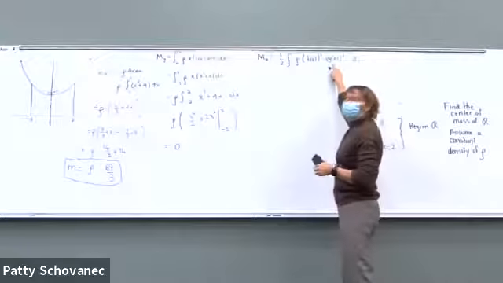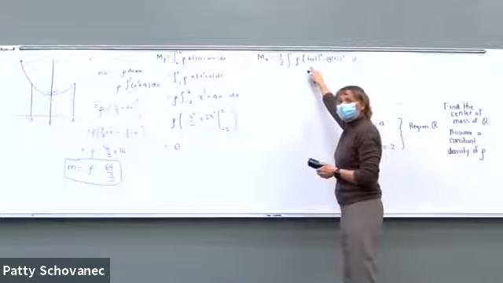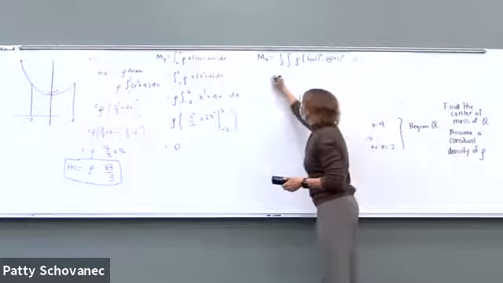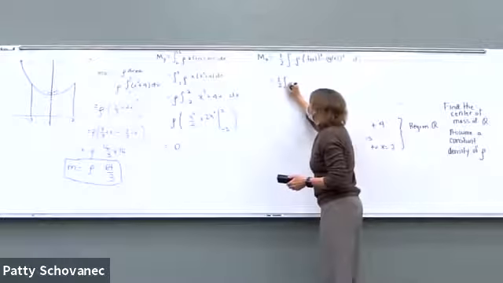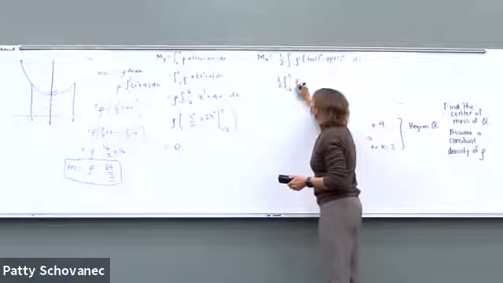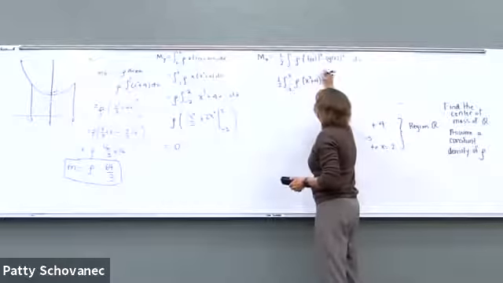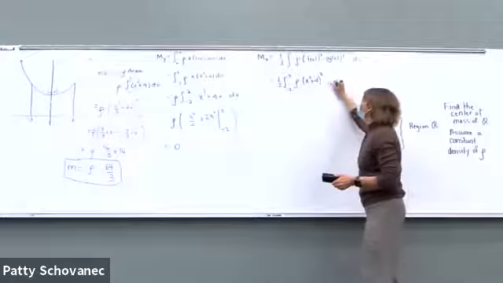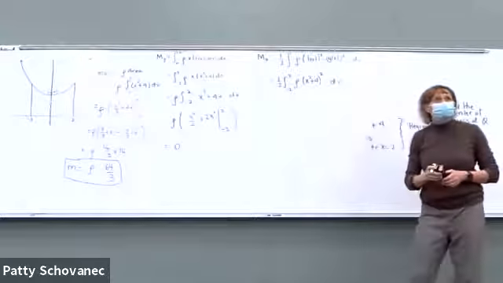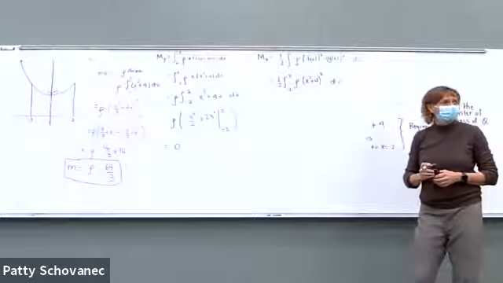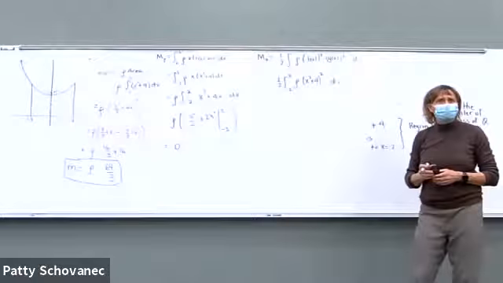But our g is 0, and our f is x squared plus 4. So the integral we compute here is 1/2, -2 to 2, the density times x squared plus 4 squared. We'll have to square this in order to integrate it.